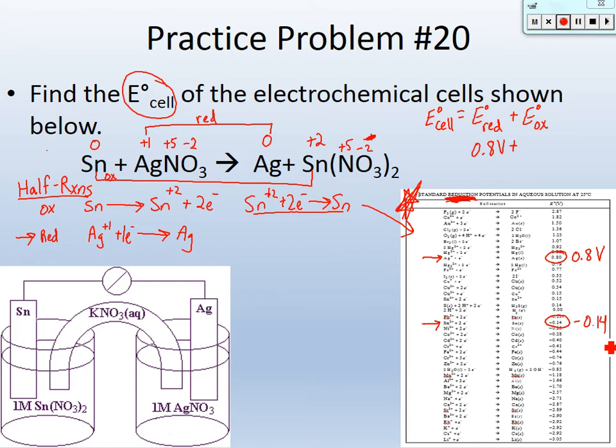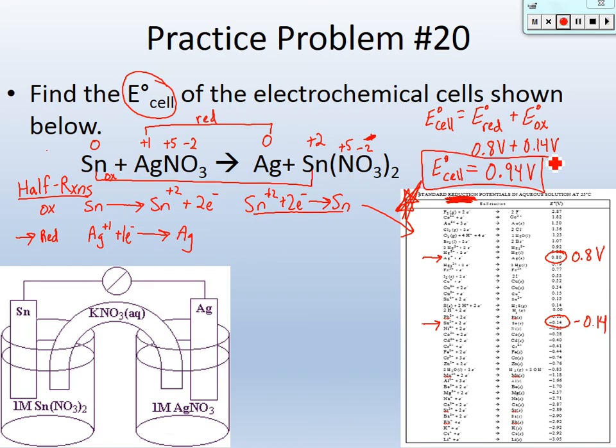Okay. But remember, the oxidation half, we have to flip the sign because this is a reduction table. So we have to flip that sign, so this becomes a positive 0.14 volts. So now we've got enough to answer the question. We can figure out the E naught of the cell, or the voltage of the whole cell, and that looks like it's going to be 0.94 volts.